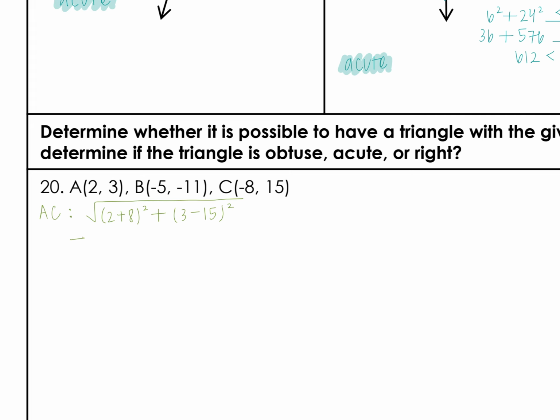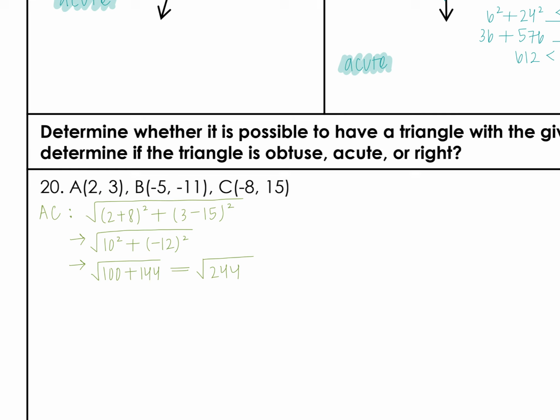Going through and simplifying, 2 plus 8 gives me 10 squared, plus 3 minus 15, which will give me -12 squared. When we square them, we get 100 plus 144, which is equal to the square root of 244.